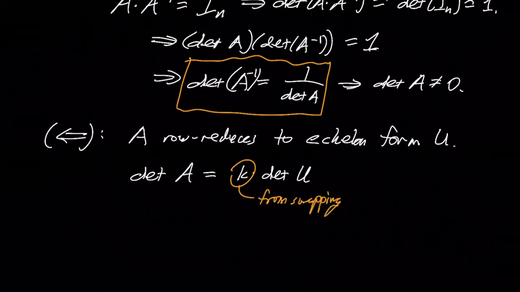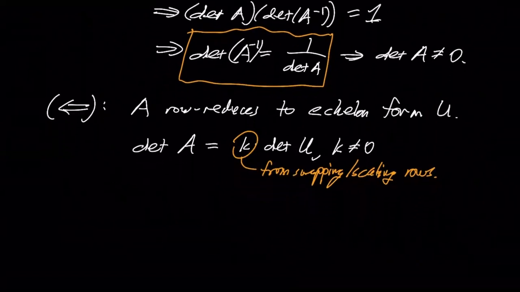It's the only way that we can affect the determinant. And in particular, that's a non-zero constant because swapping just changes the sign, so that's scaling by -1. And scaling a row, we don't want to scale a row by 0. That would just make the whole row 0. So we know K is not 0. And so really the determinant of A is 0 if and only if the determinant of U is 0.